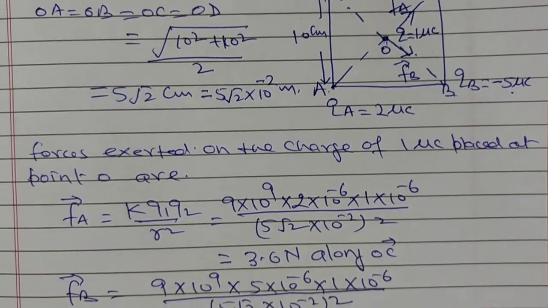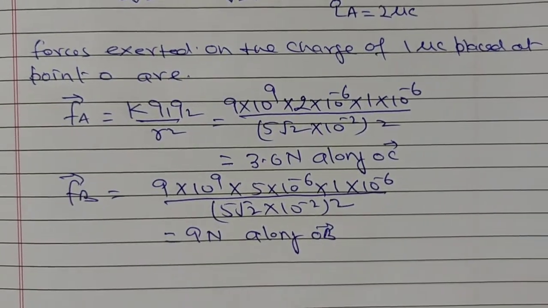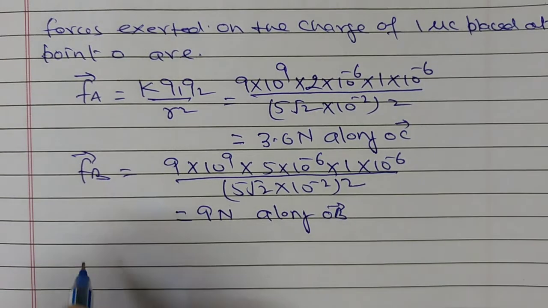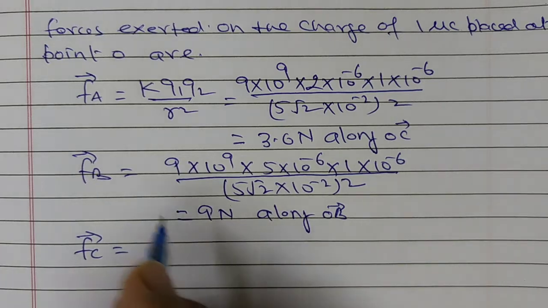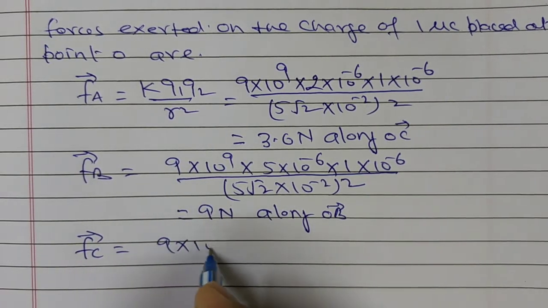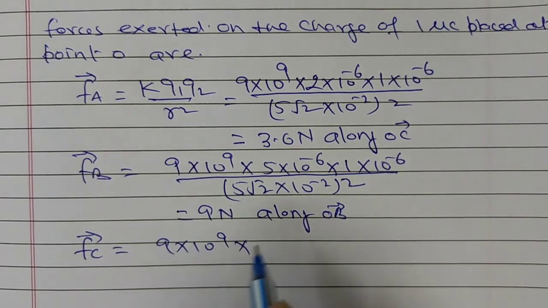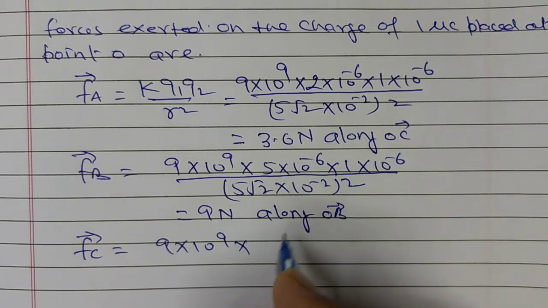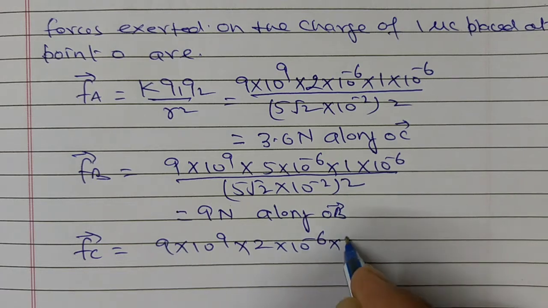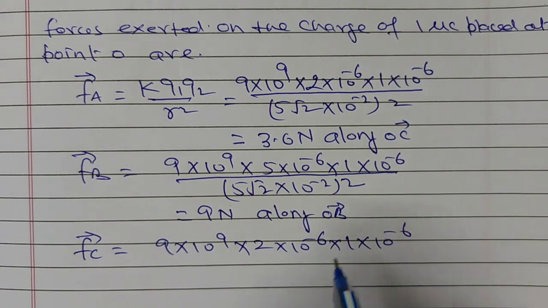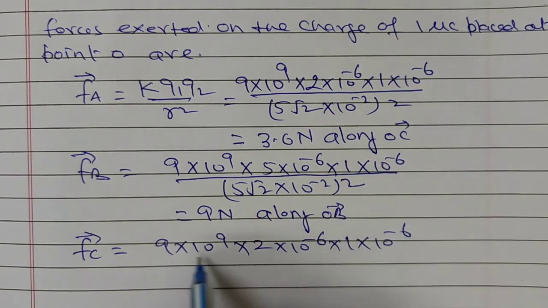Now the force FC is given by this same formula, 9 into 10 to the power 9 into 2 into 10 to the power minus 6 into 1 into 10 to the power minus 6 divided by distance.